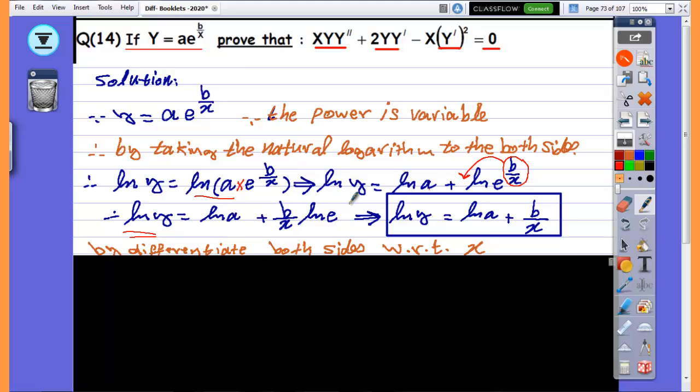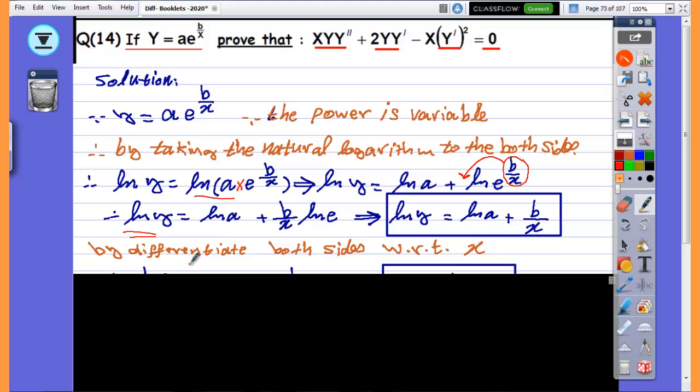So ln y equals ln a plus b over x ln e, and ln e equals 1. So ln y equals ln a plus b over x.